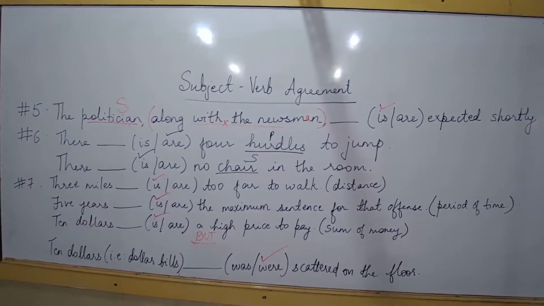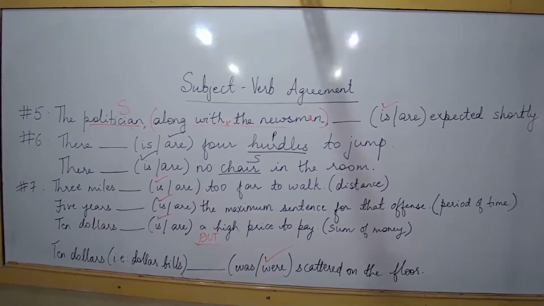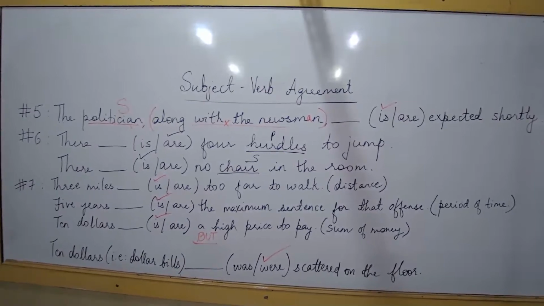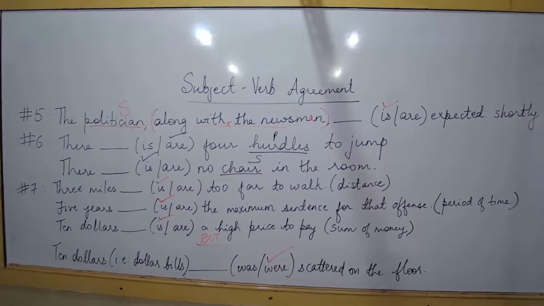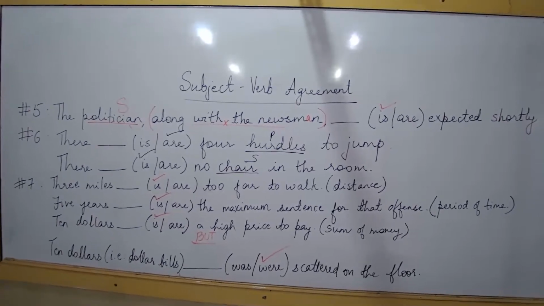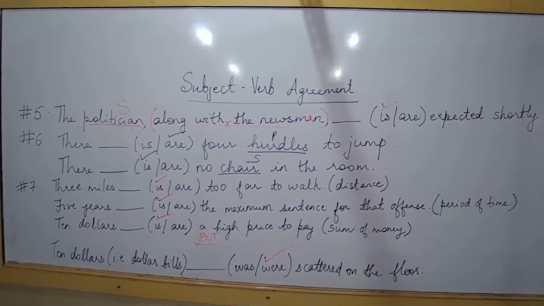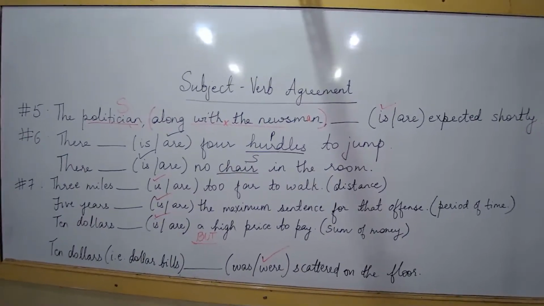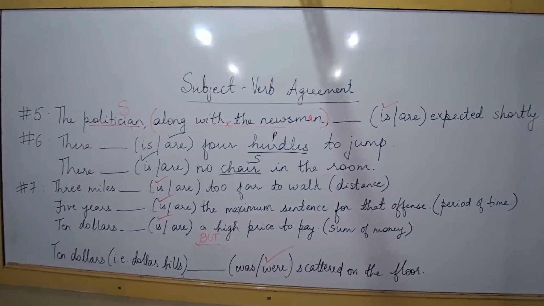That's rule number 8 now. With words that indicate portions. Example, a lot of, a majority of, some of, all of.